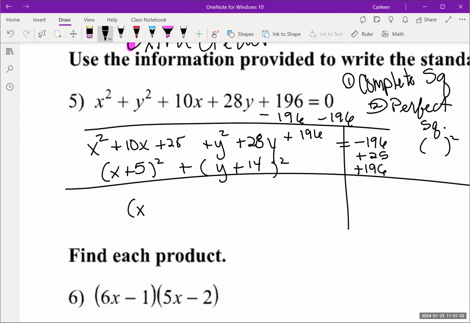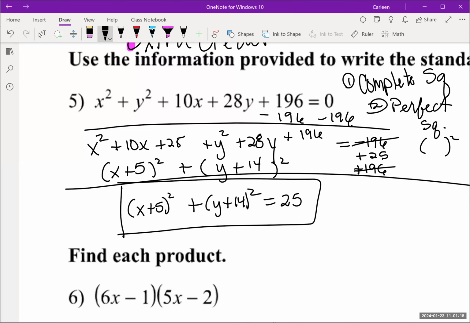So final answer, x plus 5 squared, y plus 14 squared is equal to, yeah, these cancel, right? Is equal to 25, which by the way is 5 squared, but that's okay. Okay, can you guys do that? Extra credit on the in-person exam? Sorry, not extra credit on the at-home exam because I don't know that you would be doing it on your own. So sorry, no extra credit.